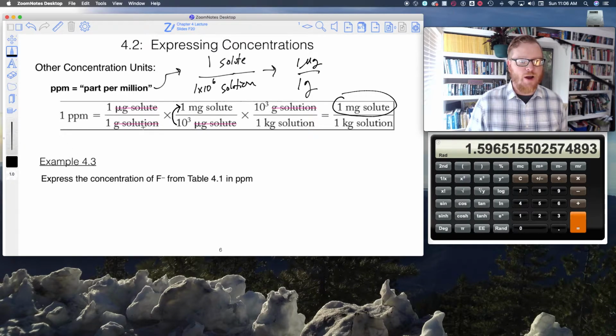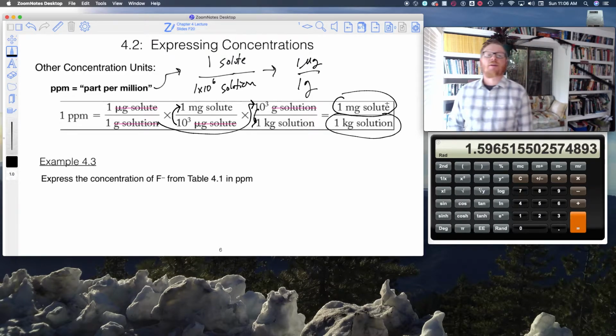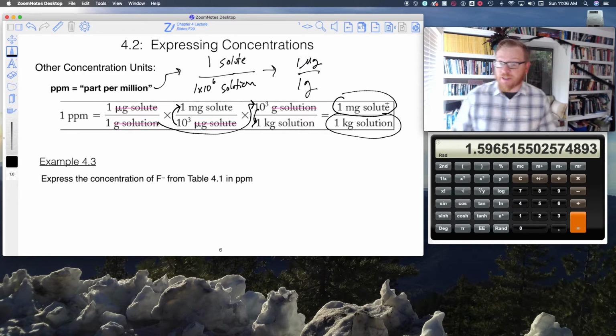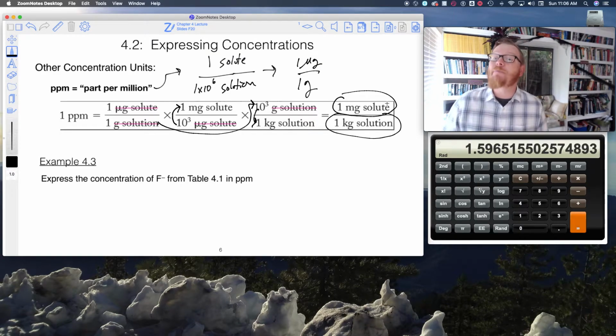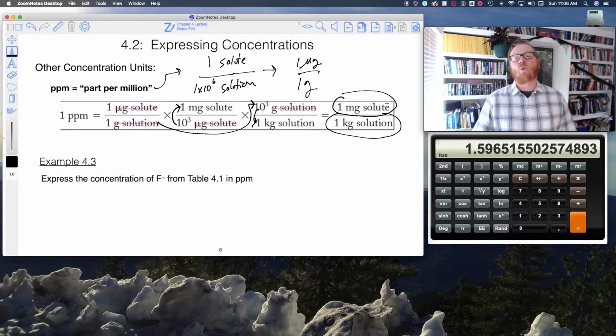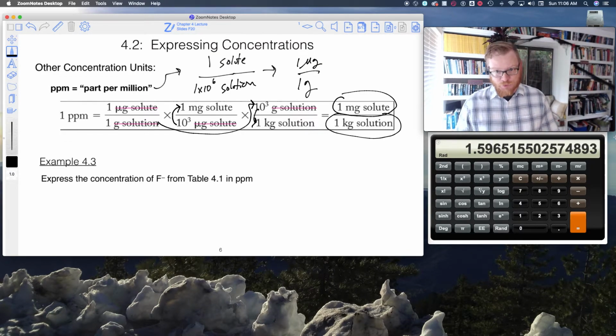So follow this all the way here, right? 1 gram of solution. Now what I can say is in 10 to the 3 grams of solution, it's the same as 1 kilogram. So an equivalent of 1 part per million is also 1 milligram of solute per 1 kilogram of solution.